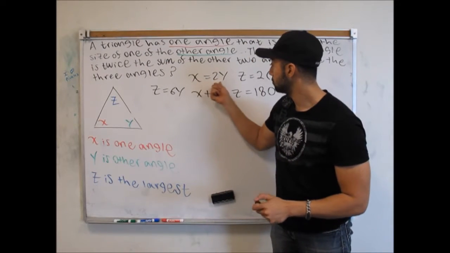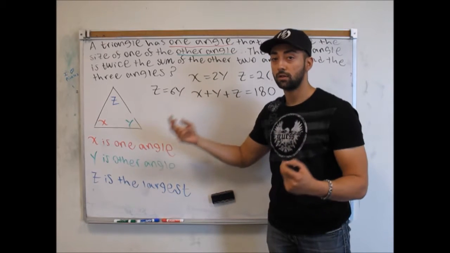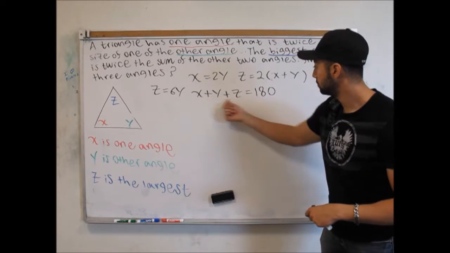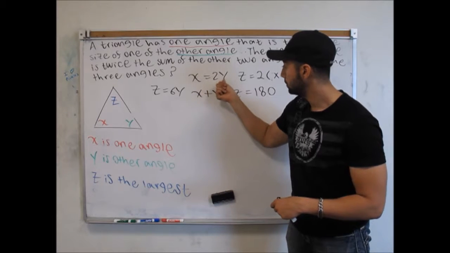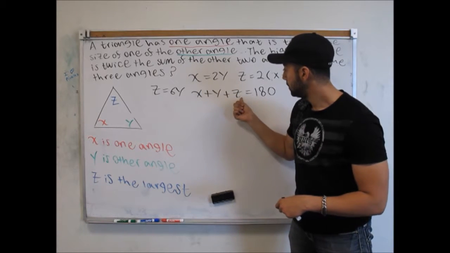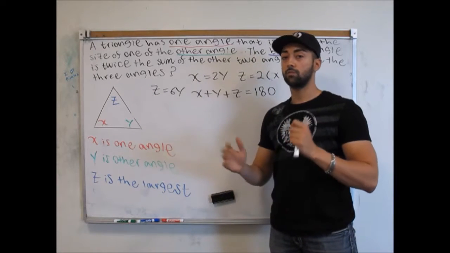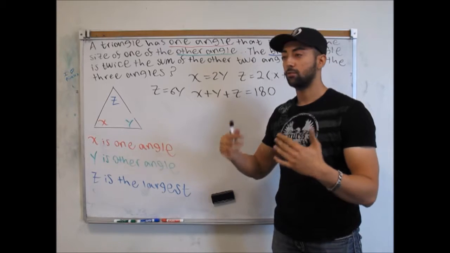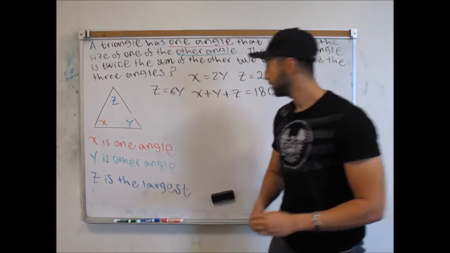I could plug both of those into an equation that has three variables like this one. Notice what happens when I do that. x is 2y and z is 6y, and there's already a y here. So I'm getting everything in terms of y. I'm just working with y's, because we only know how to solve equations that have one variable in them when we isolate them.